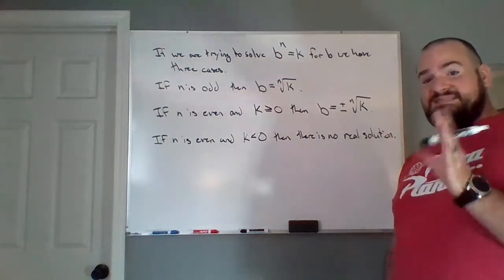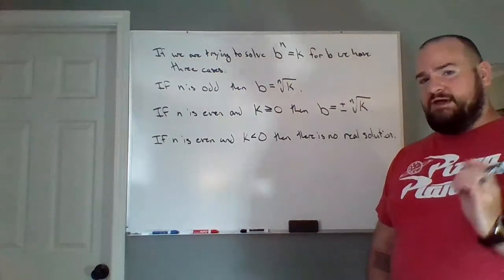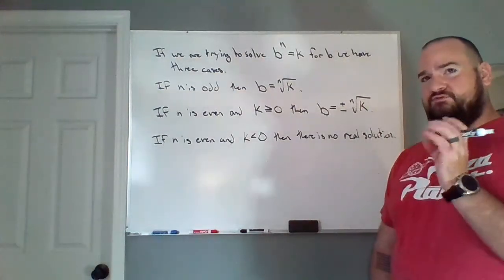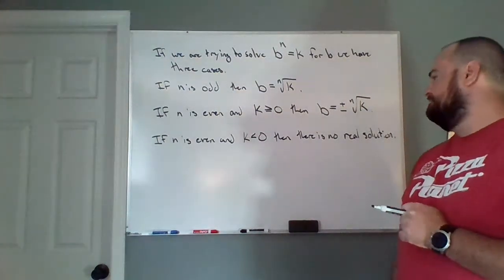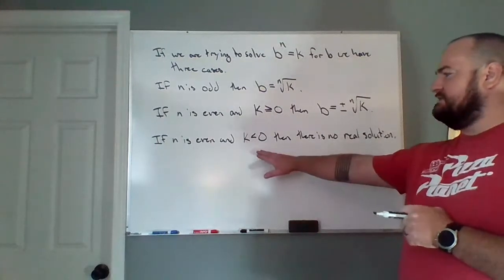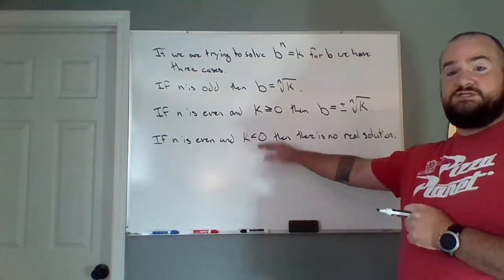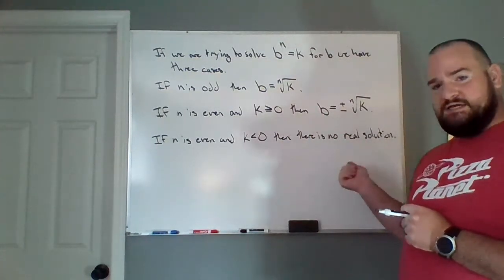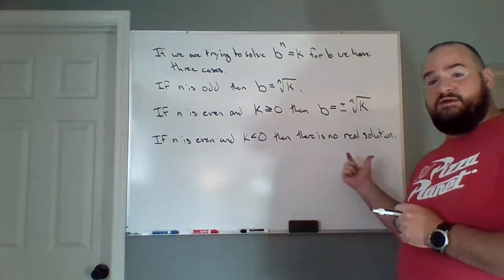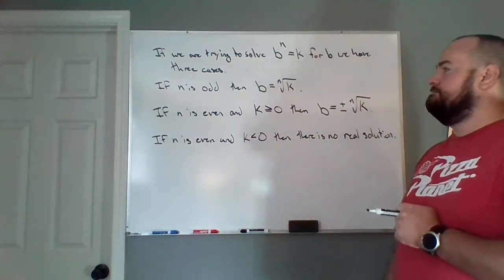There is a solution, but it's not a real solution. We'll talk more about that when we talk about quadratics in chapter 4. So if n is even and k is less than 0, such as our third example where we had b squared equals negative 4, then the answer is no real solution.